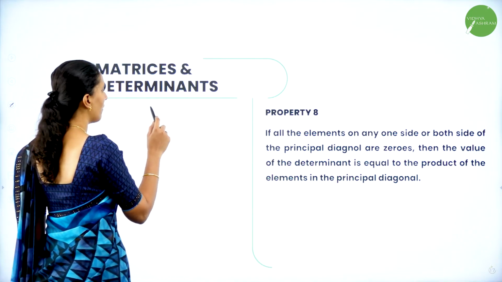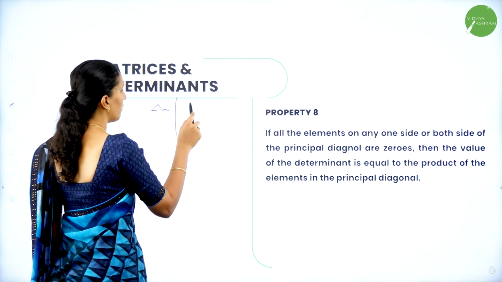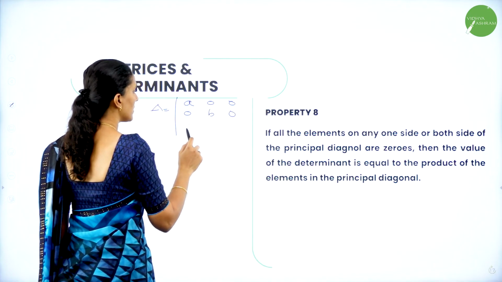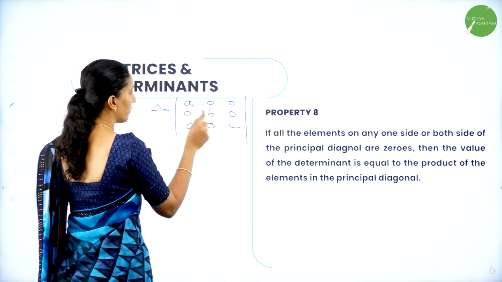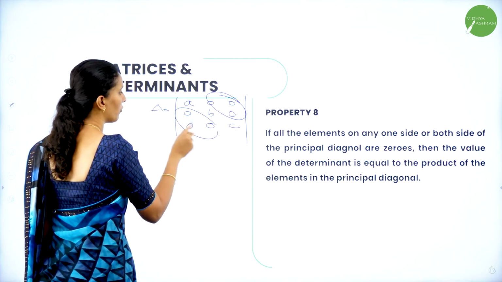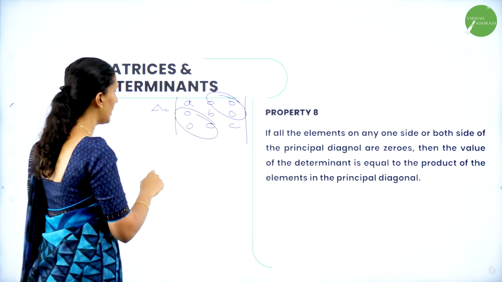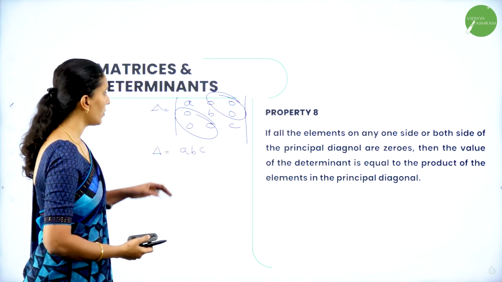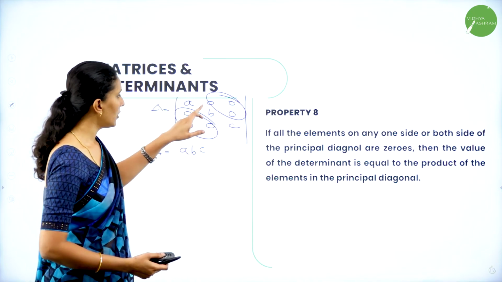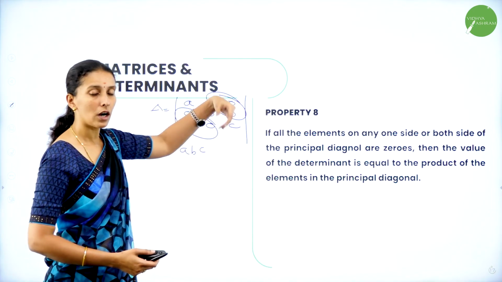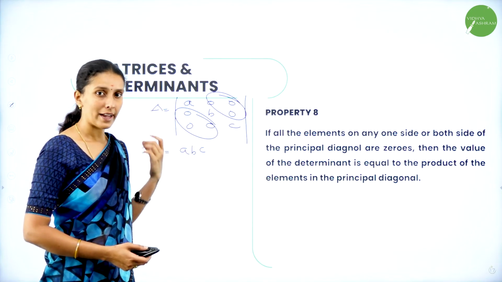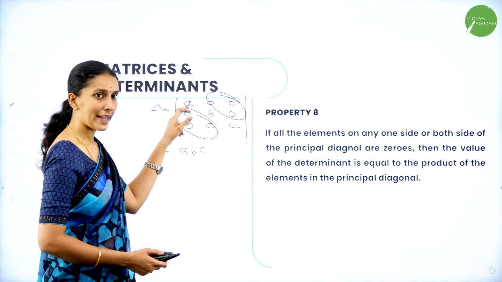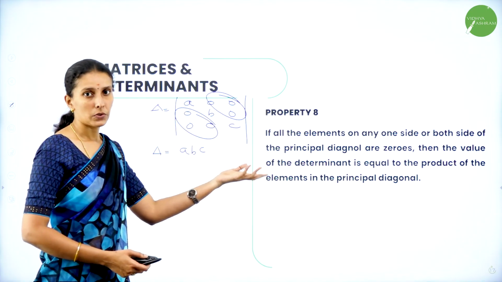Suppose you have a delta in the form of A 0 0, 0 B 0, 0 0 C. If the elements on both sides of the principal diagonal are 0, then delta is equal to A into B into C. Because when you expand this, it is A into BC minus 0, the second one is 0, the third one is 0. So when you expand the determinant, you get only one corresponding value along with A, that is BC. So A into B into C you will get.